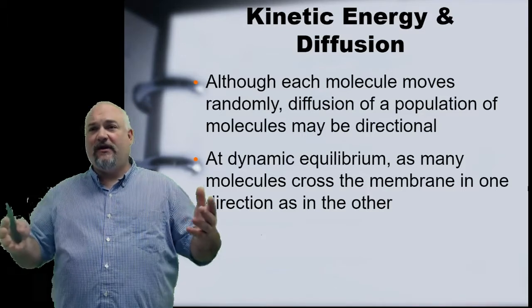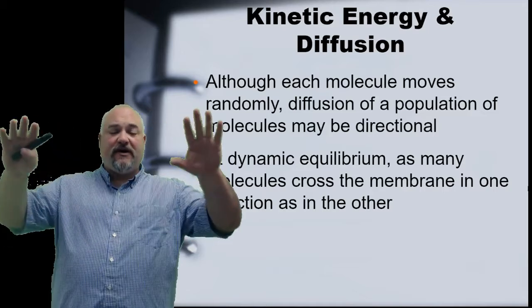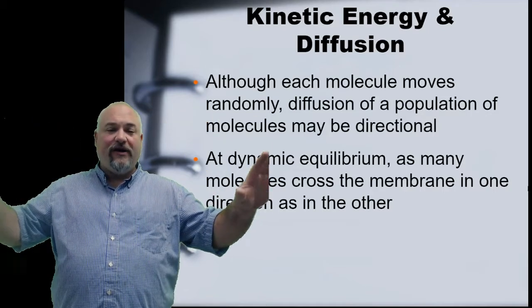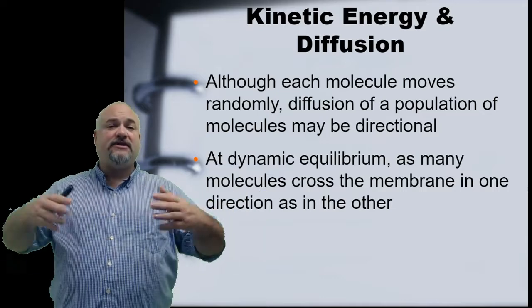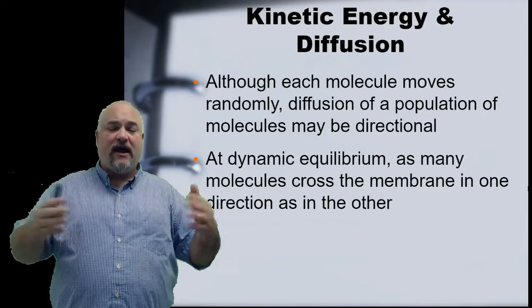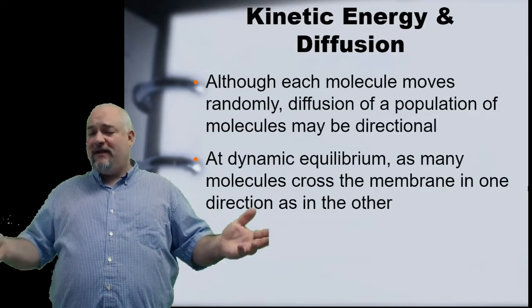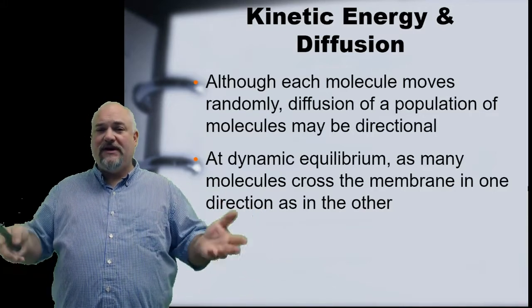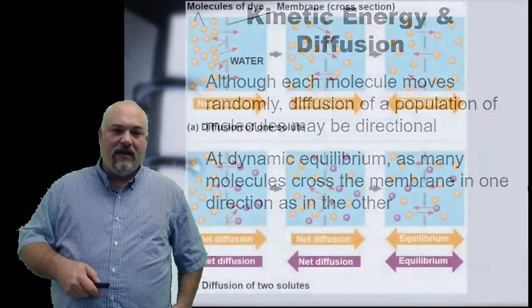So what we mean here is equilibrium, and it looks like everything's evenly spread out between the two areas, inside the cell and outside the cell, for instance. The molecules are still moving. They're still crossing in and out. However, it appears from the outside looking in that there's no net movement, but there is still movement of molecules. They don't stop just because they reach equilibrium.